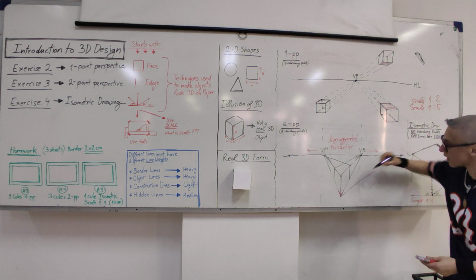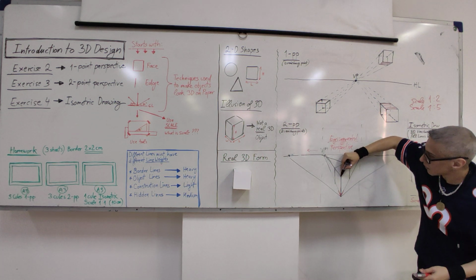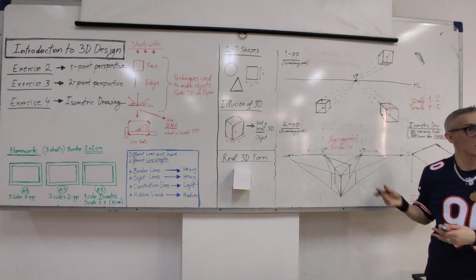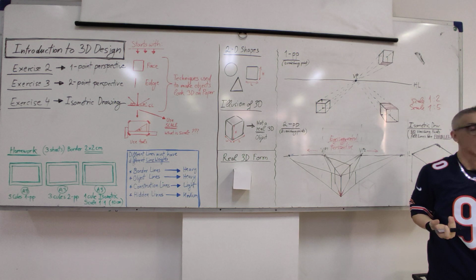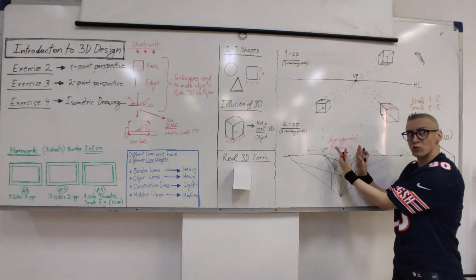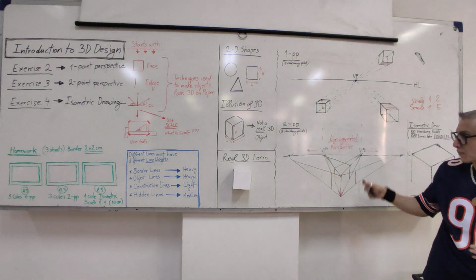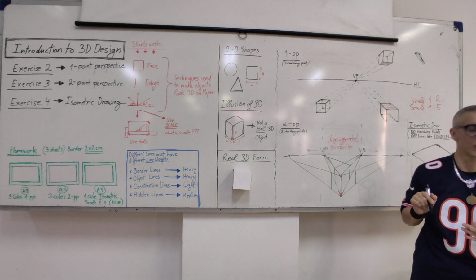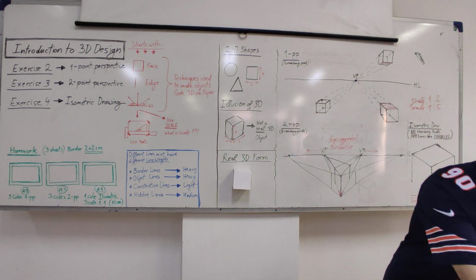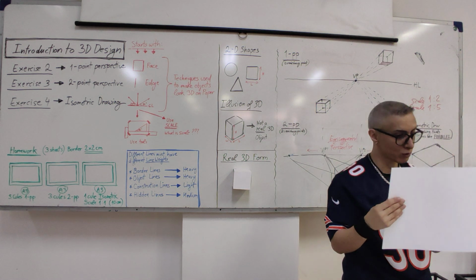Now it will be a totally different object. It will look much better and more realistic. So if you draw something too big with these points too close to each other, it will become exaggerated and not correct.